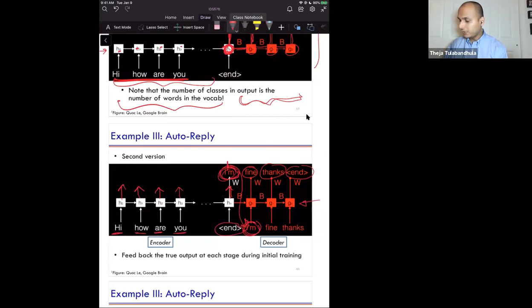And of course, while training, you feed back the true output that you care about. So even if you predict a distribution over words where the true word is not the highest probability, that doesn't matter. You still feed in the true word as the input here. Okay, so that's training, because you know the true output sequence that corresponds to the Y in your training XY pair.